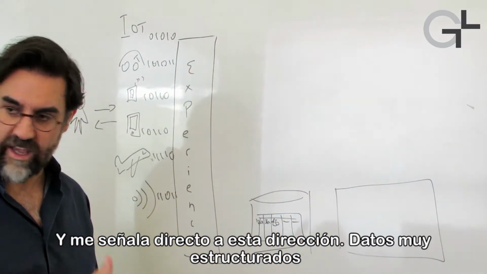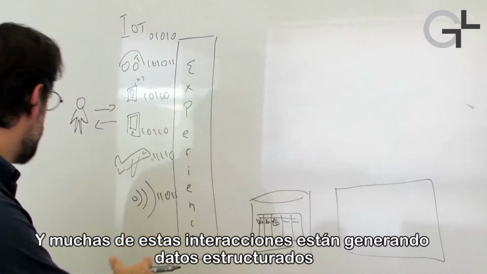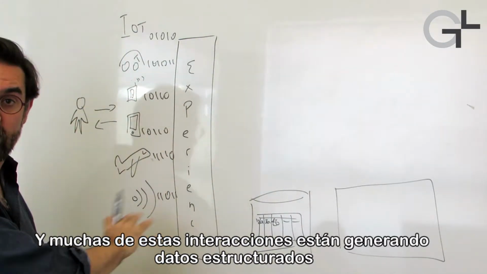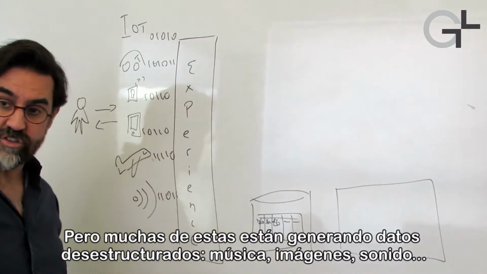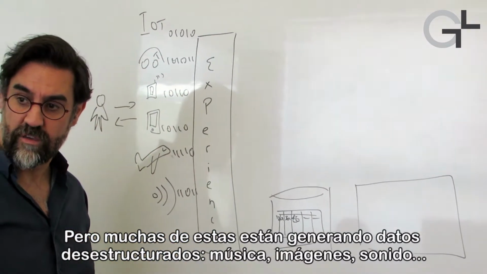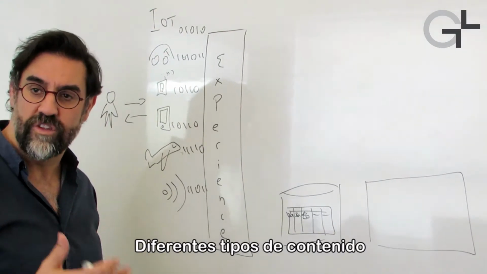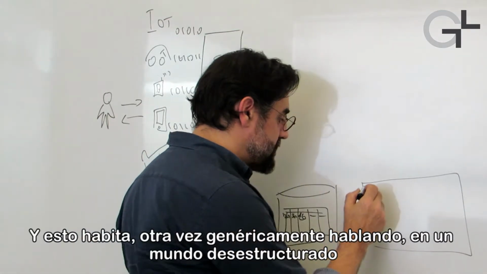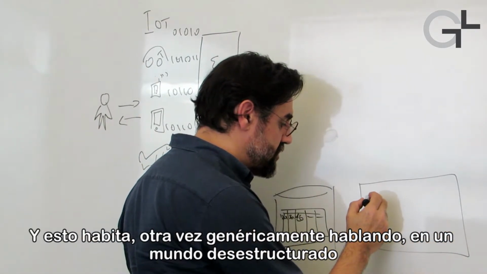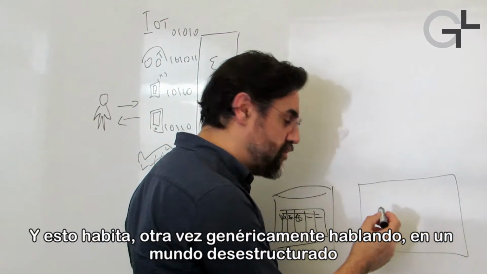Very structured data. And a lot of these interactions are generating structured data. But a lot of them are generating unstructured data: music, imagery, sound, lots of different types of content. And this lives, generally speaking, in an unstructured world.